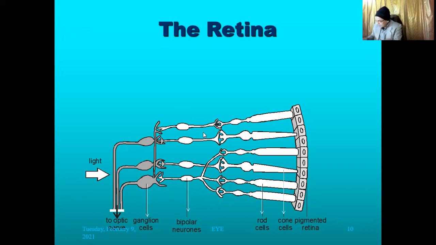It just transfers the energy from the electromagnetic wave to an electrochemical wave, and the ganglion part transfers the action potential, that is the ions, to the optic nerve, and this optic nerve transfers the information to the brain.